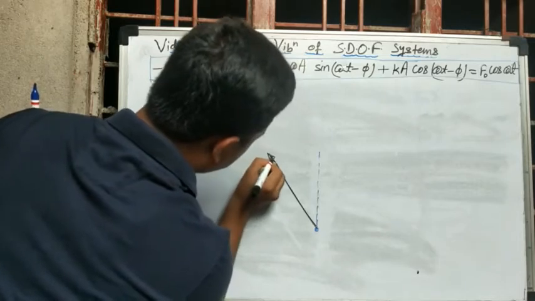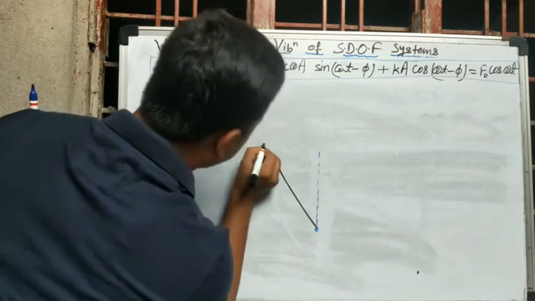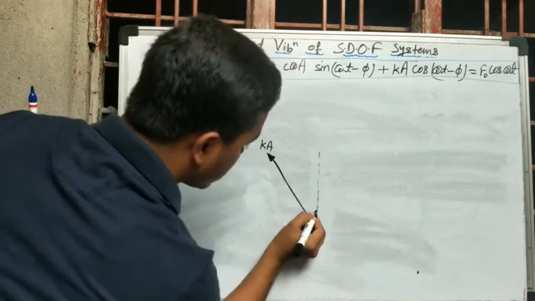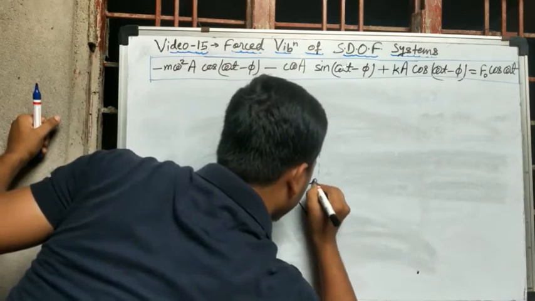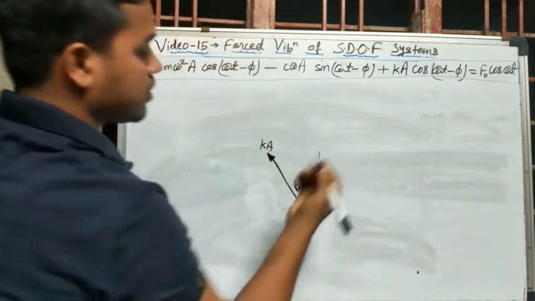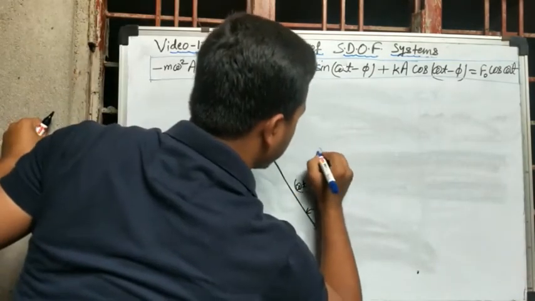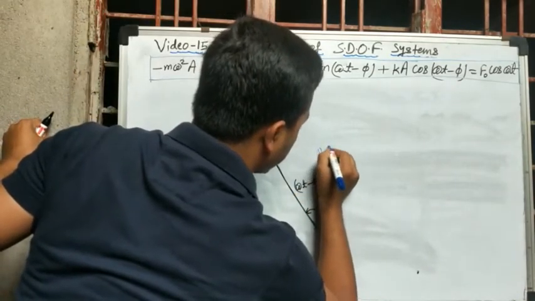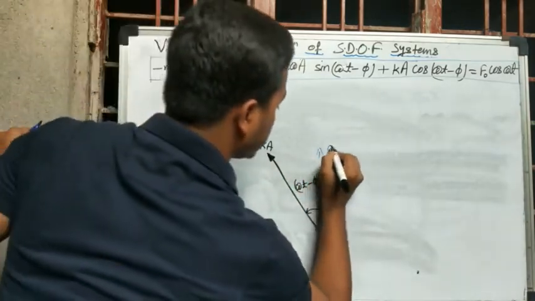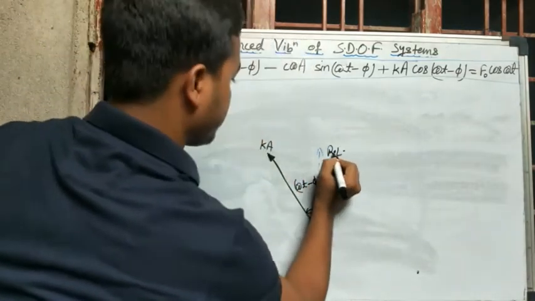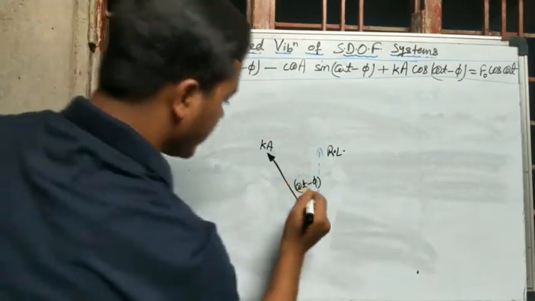Ka was making an angle of omega t minus phi with the reference line, right? This was my reference line. This angle was omega t minus phi.